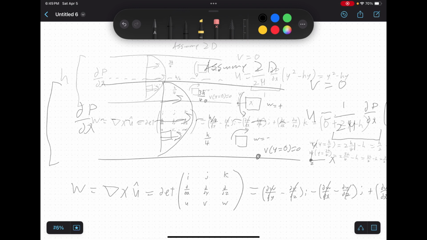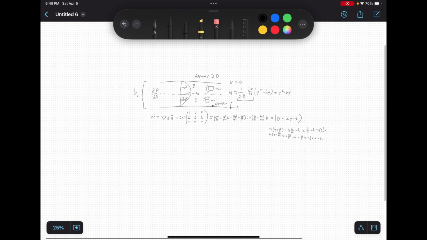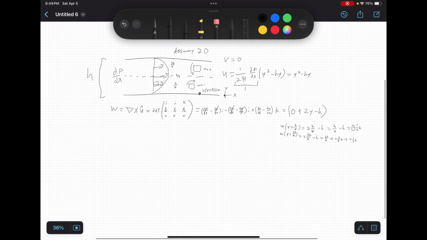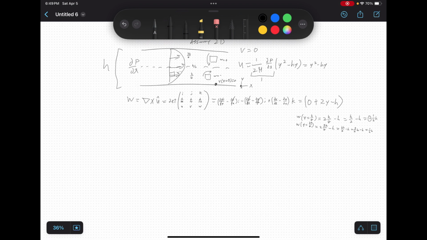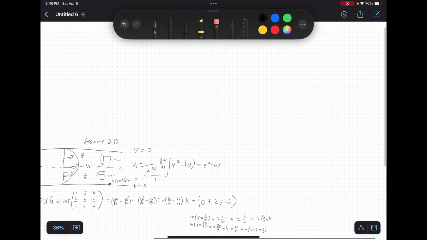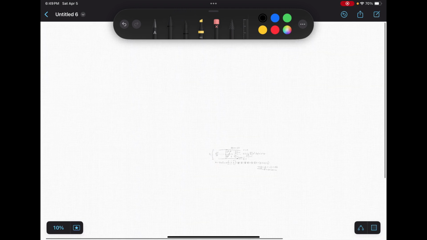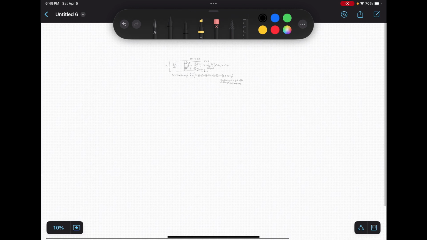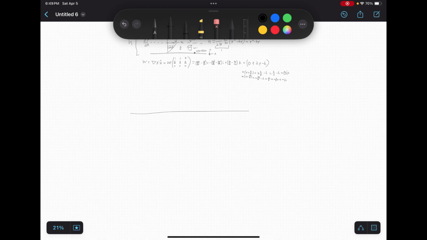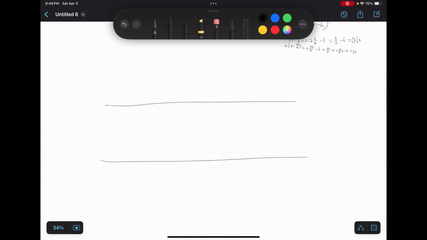Cool beans. All right, I want to do one more example, but in the radial direction. Okay, so let's say you've got a pipe this time.